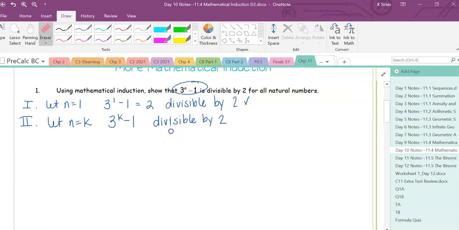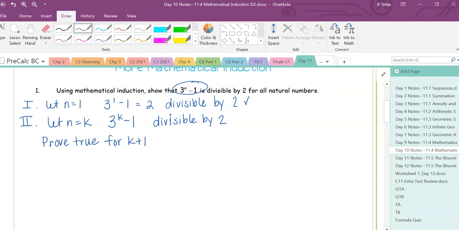So at this point, this is an assumption. But again, if we can prove that the k plus 1 value is divisible by 2, then we can say that all of these are divisible by 2. So now we're going to prove true for k plus 1.